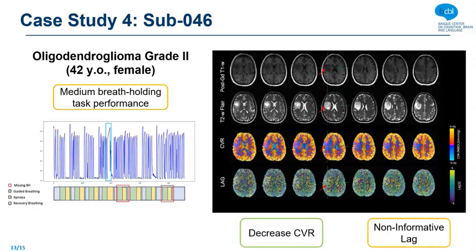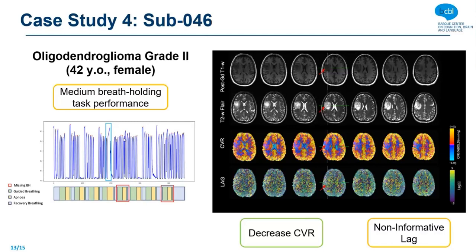And lastly, we have a case with the same class of tumor, oligodendroglioma, grade 3. It had a medium performance. On the left side, in red, we can see 2 missing breath holds that this patient didn't perform.